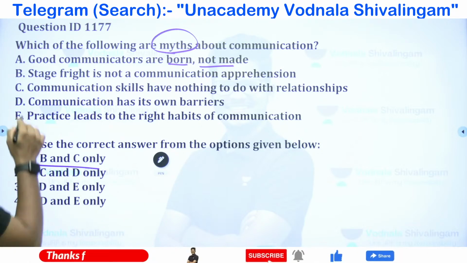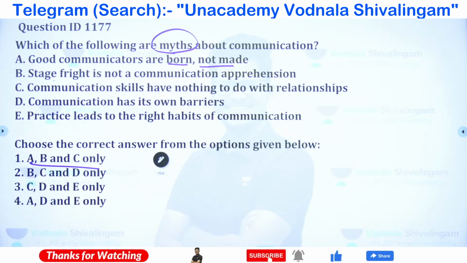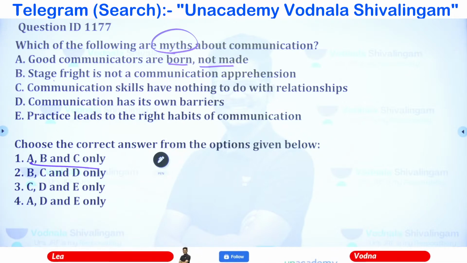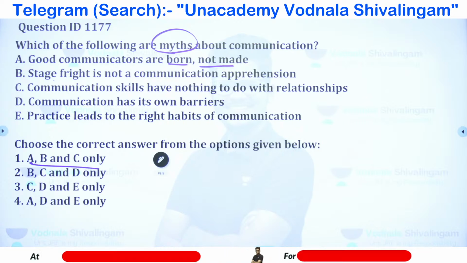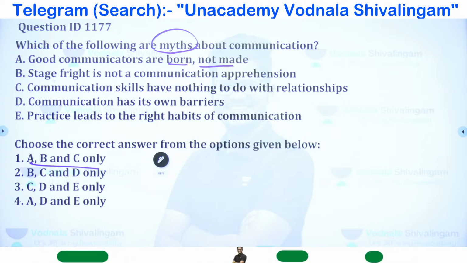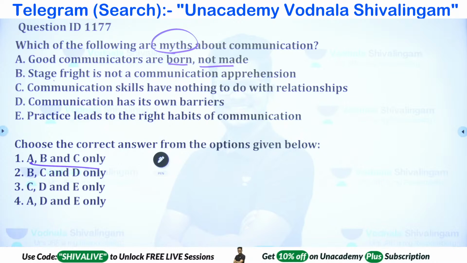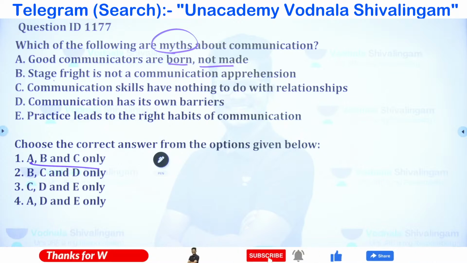B is that stage fright, which I think is fear, is not a communication apprehension. It is communication apprehension only. Intense fear, correct one.